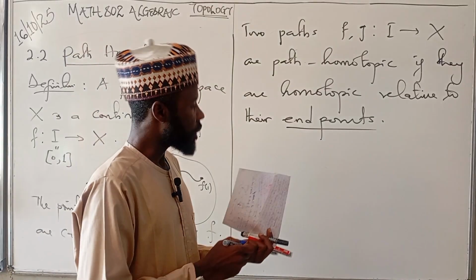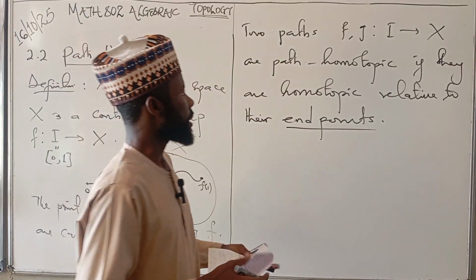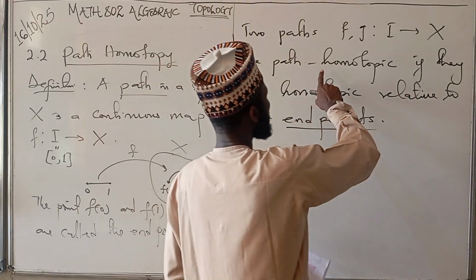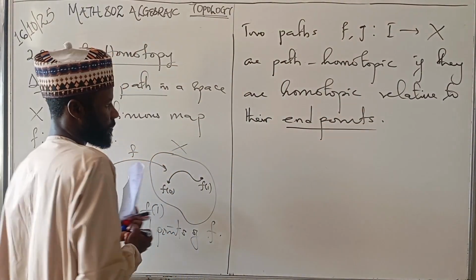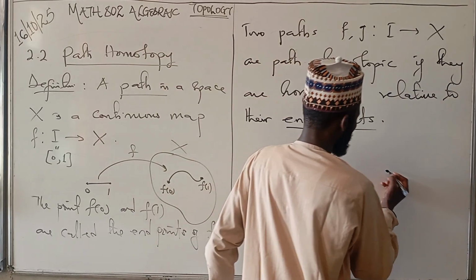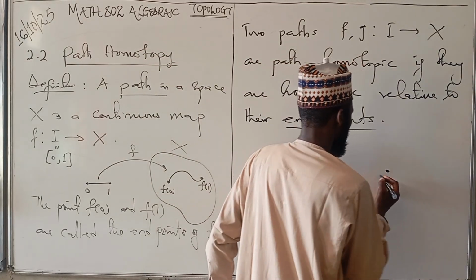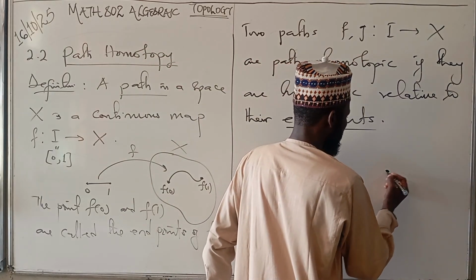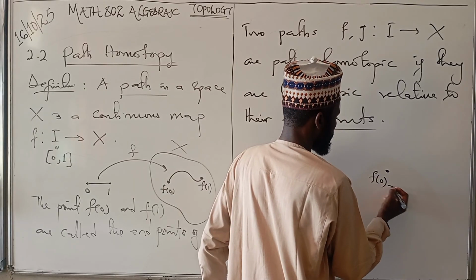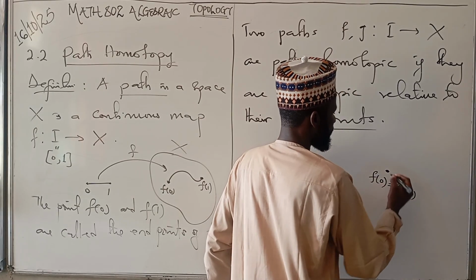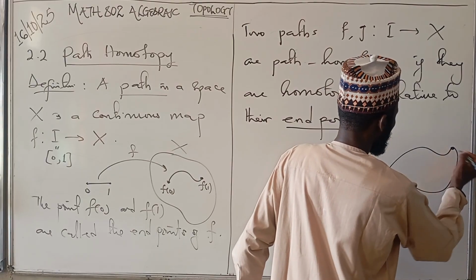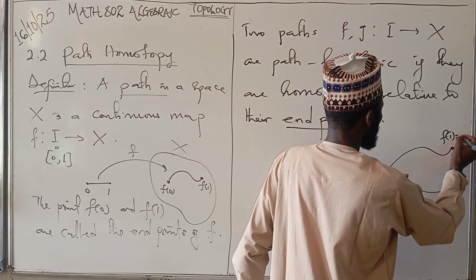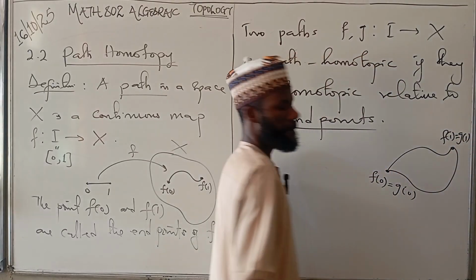And this condition is already imposing an extra restriction that the paths must share the initial point, meaning f of 0 must be equal to g of 0, and f of 1 must be equal to g of 1.